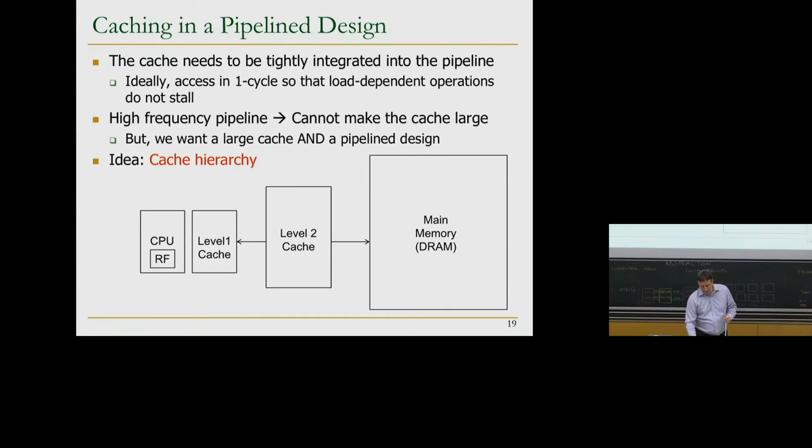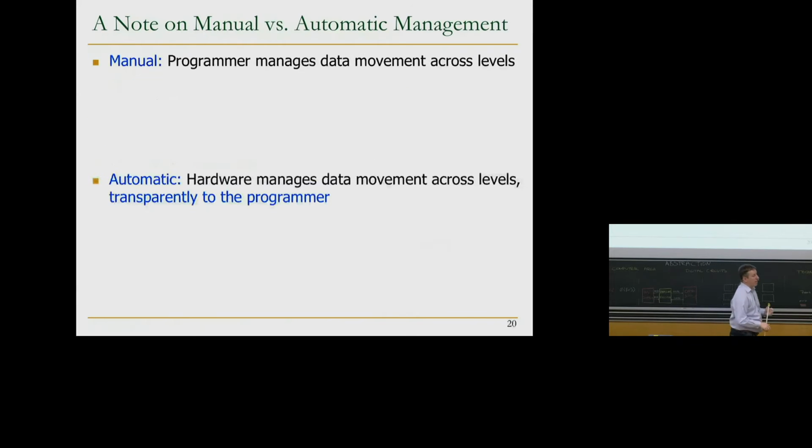Now comes the other question. How do we decide on the management of this data? So for your books, you know what you are doing, so you can do it either manually. The programmer is in charge of moving data. In programming terms, you would call this prefetching. You would know what data you are going to use.